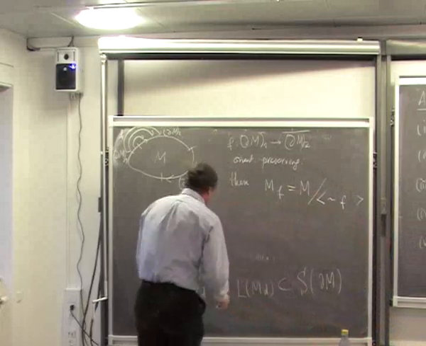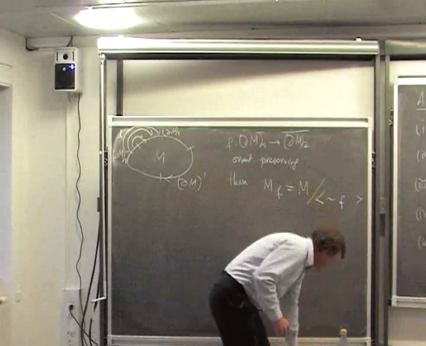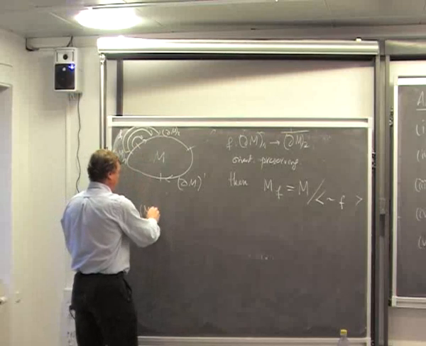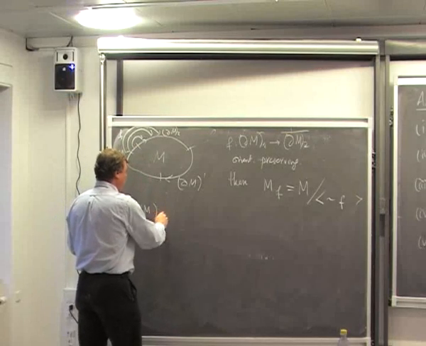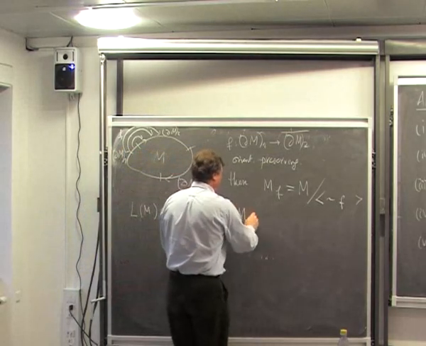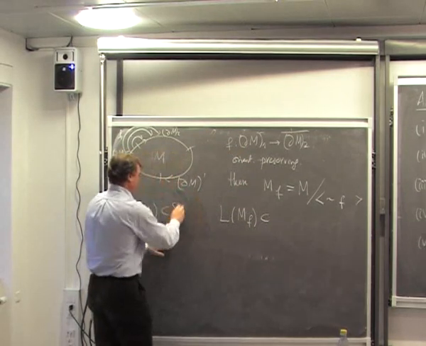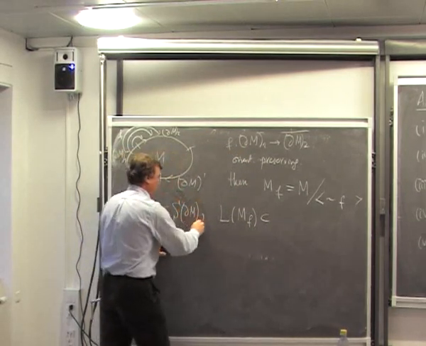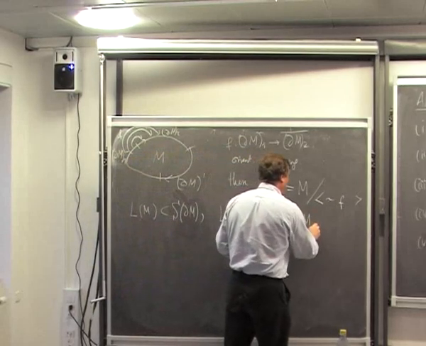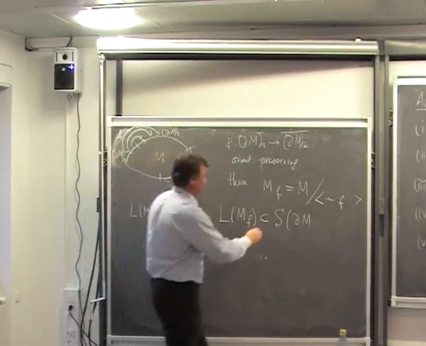So then, as part of the data, we have L_M in S(∂M) and L_{M_F} in S(∂M_F), but ∂M_F is just ∂M'.